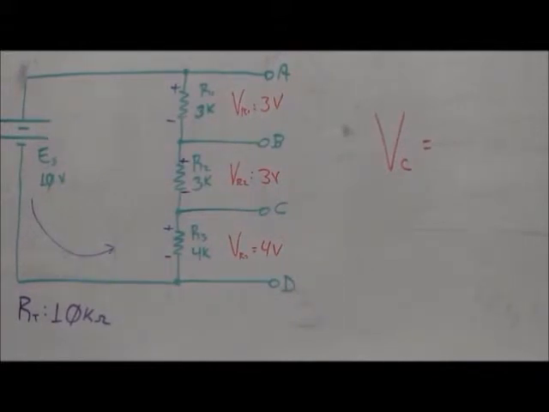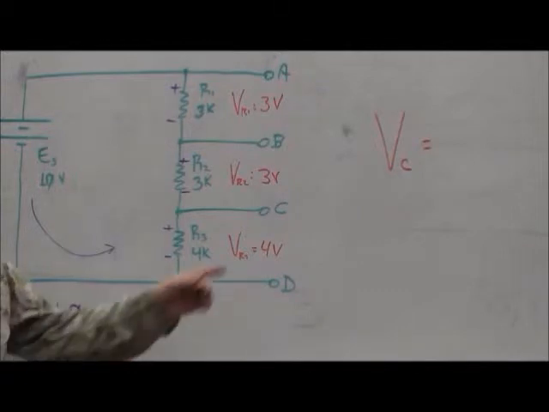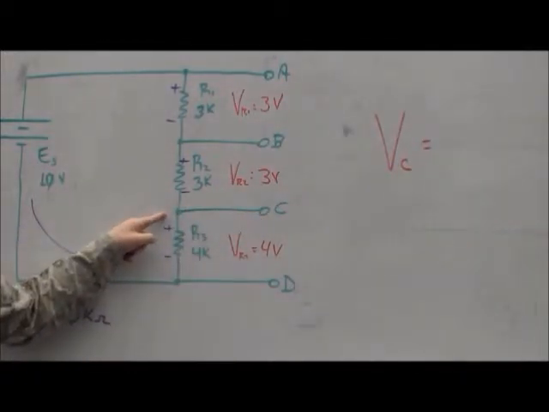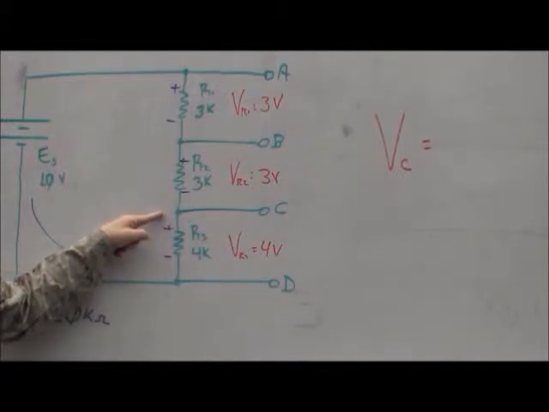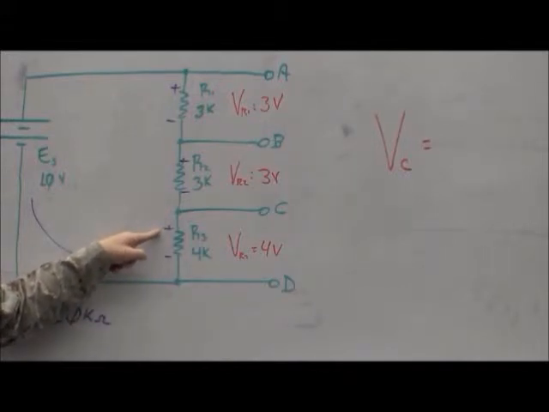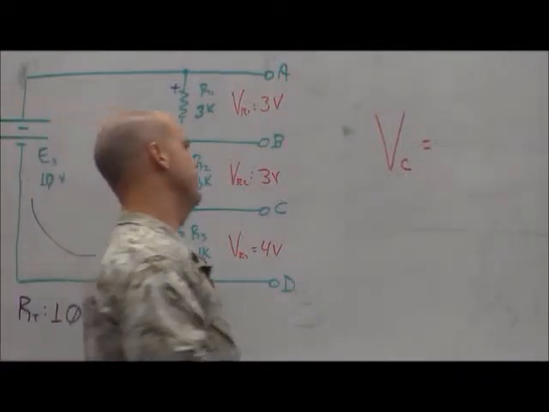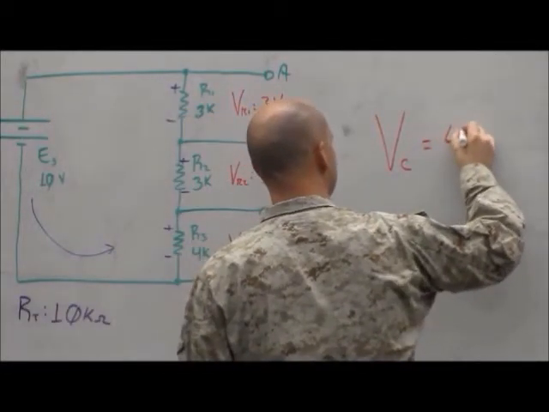C to reference, or to the negative terminal, right? Okay. So in that case, what would I do? I would start at C, and then what? Go to the node. After the node, where do I go? Down. So what do I pick up? Positive 4 volts, and there's the negative terminal. So that voltage, V sub C, would be what? 4 volts.